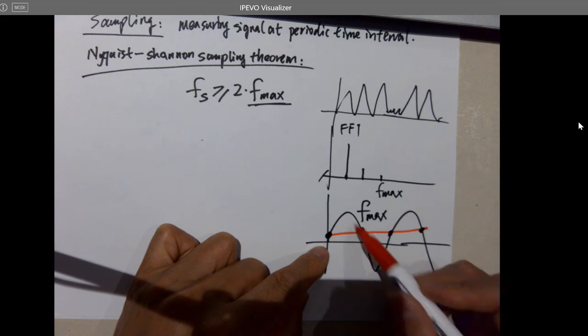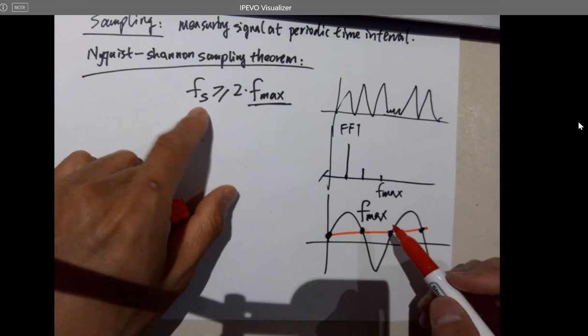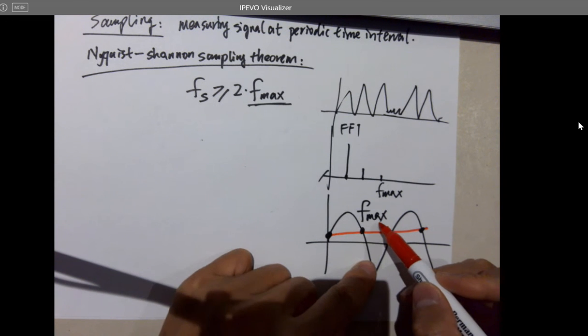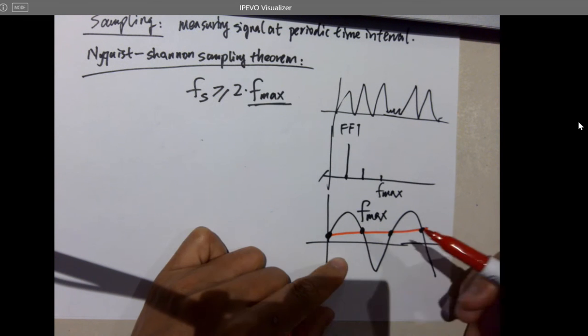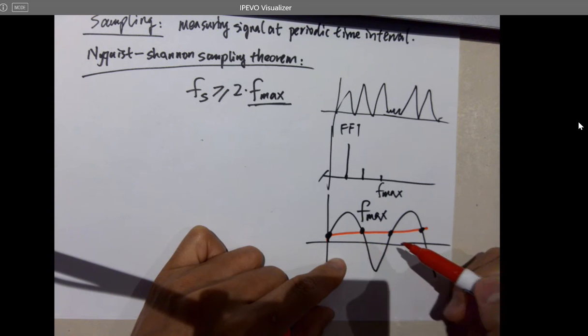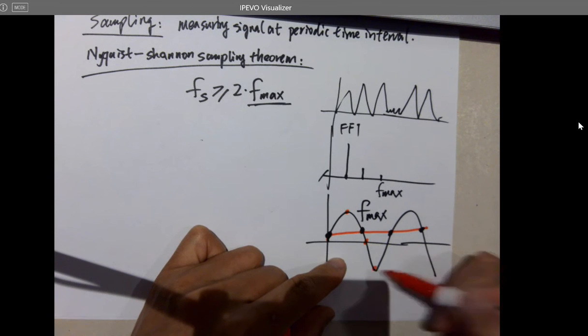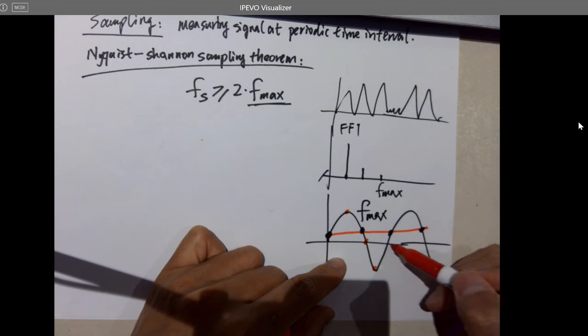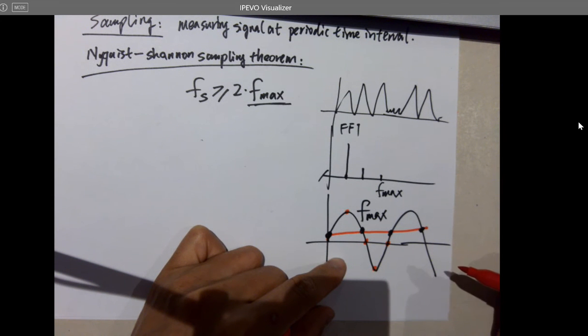So the sampling frequency has to be larger than twice the maximum frequency, which means it has to sample like this. It's 4 times larger than that.